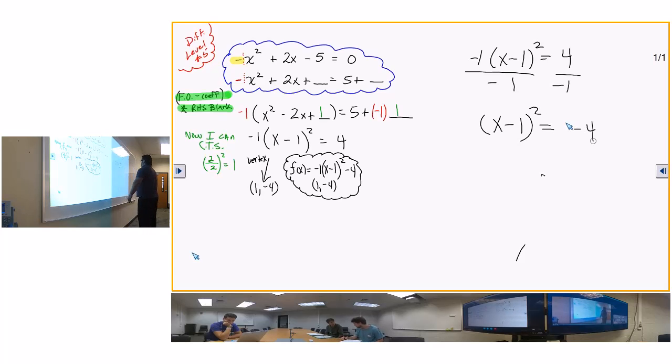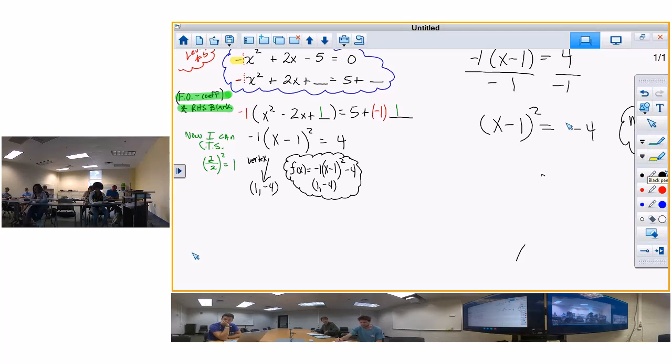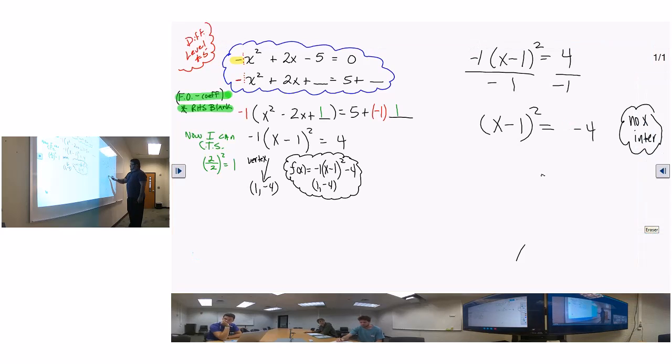At this point, what do we know? There's no x-what? Intercepts, because we have a negative under the radical. But we're going to keep going because some homework and test questions want you to put it in the form of the radical.